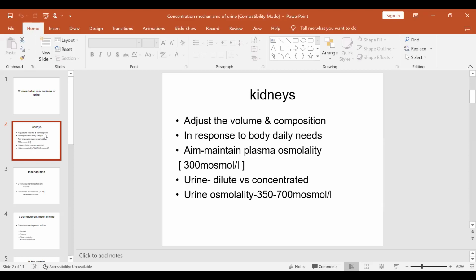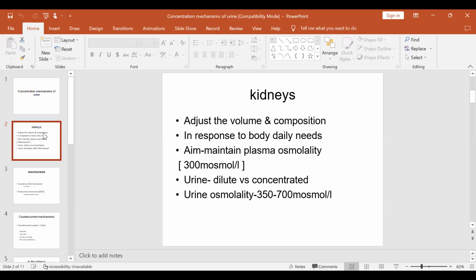If the osmolarity is high, water will be conserved so that the osmolarity is brought back down. If the plasma osmolarity is low, it's dilute, maybe 250, it means you have to give out the excess pure water into the environment so that you raise the osmolarity back to 290 milliosmoles per liter.